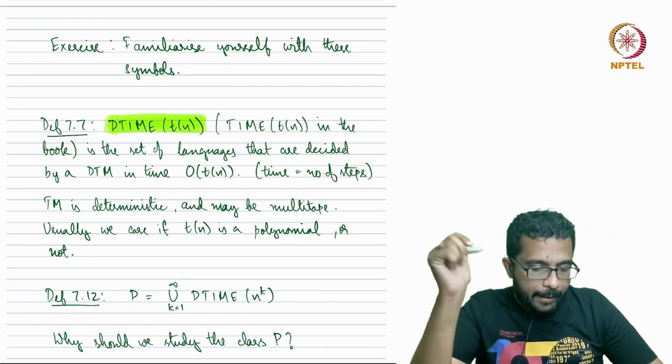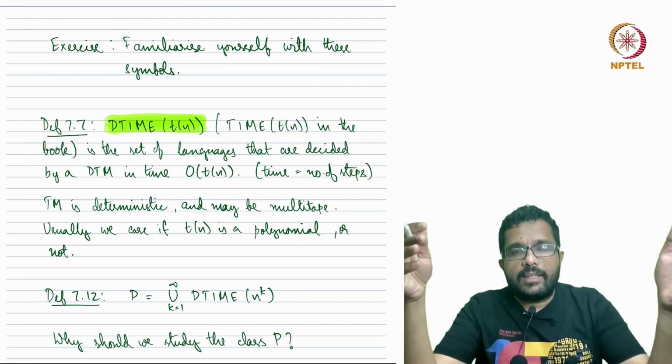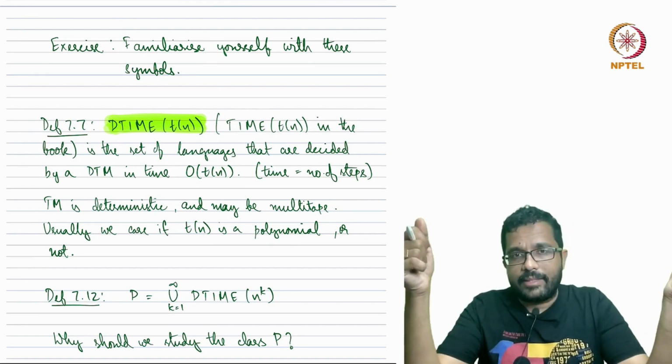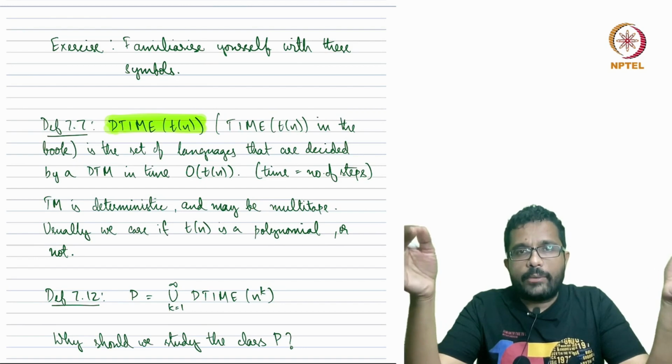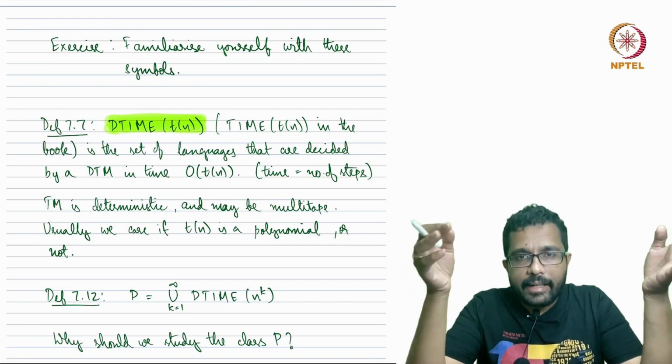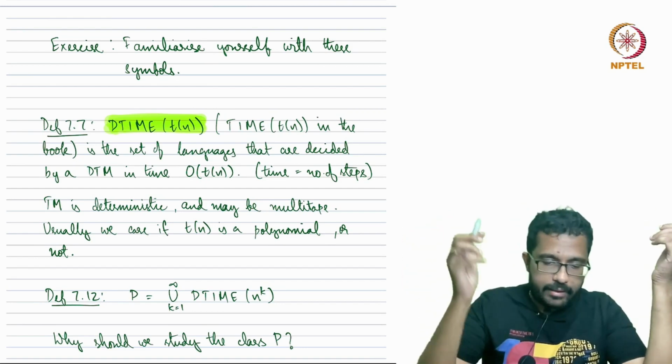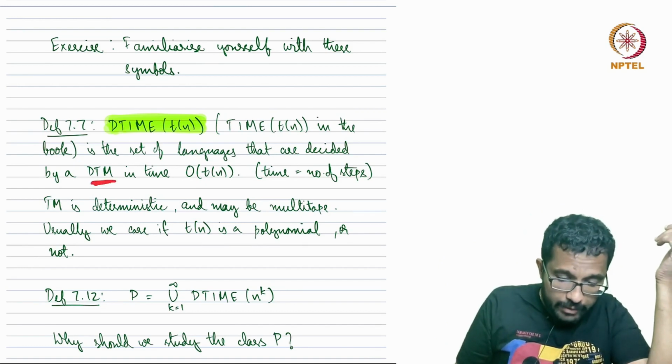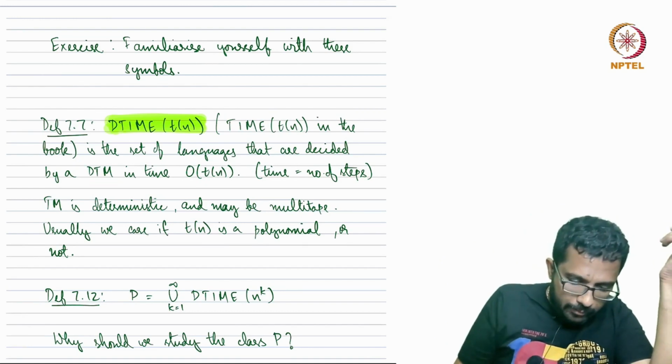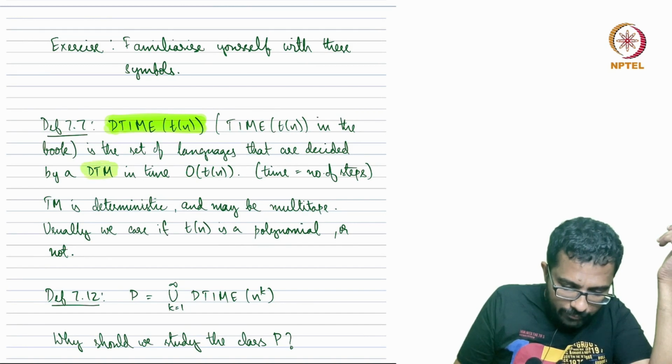So DTIME(T(n)) is a complexity class, right? This is the first complexity class that we are seeing. It's the set of all languages that can be decided in time T(n) by a deterministic Turing machine. By a deterministic Turing machine, this is also important, by a DTM, not an NTM.